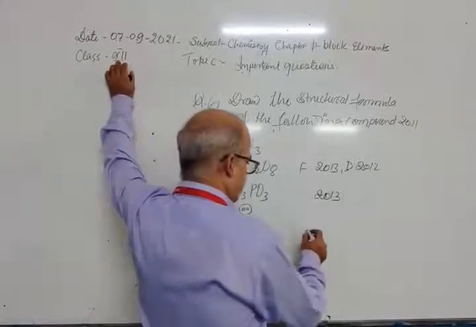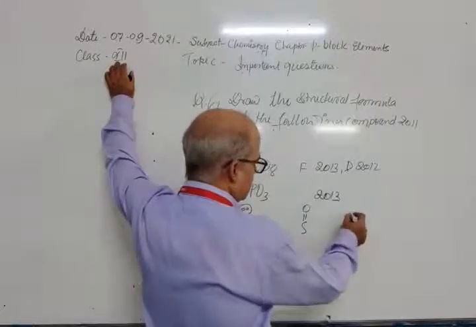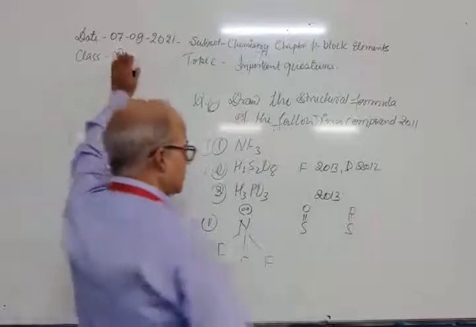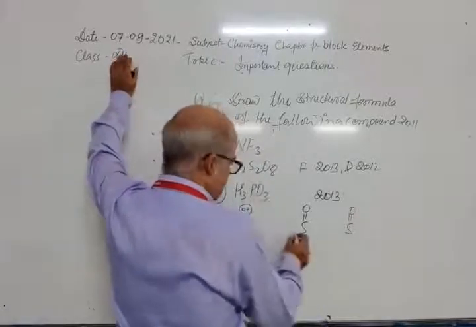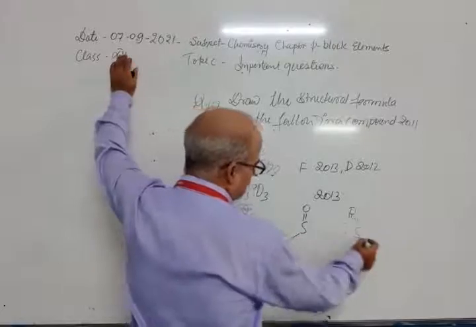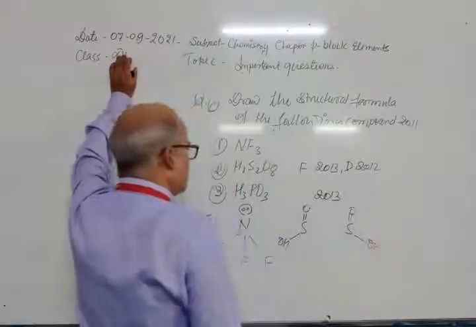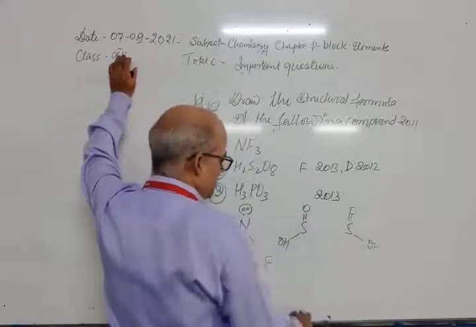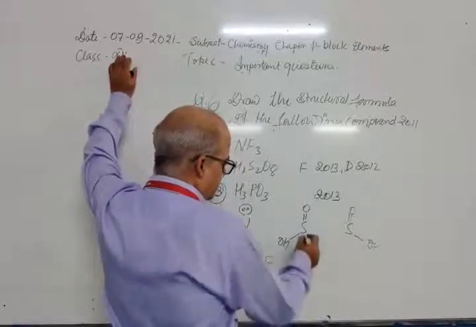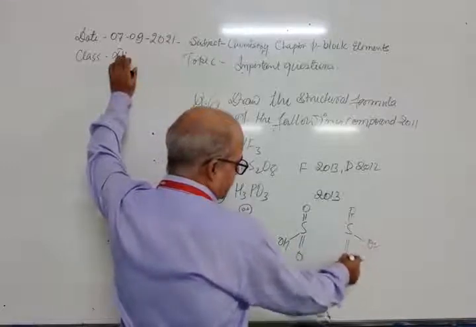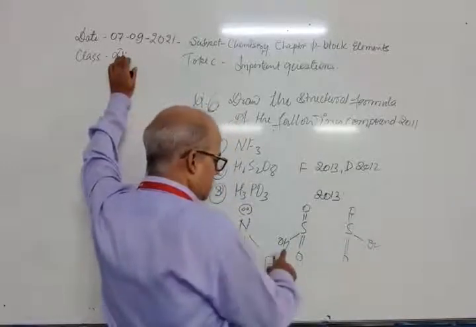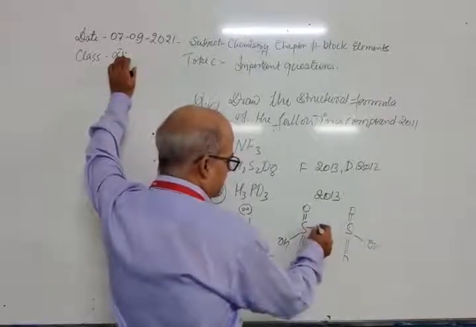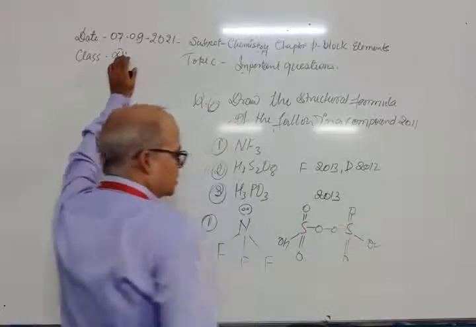Second, double bond O, double bond O. Okay. Now 2 OH, OH. Now how many oxygen? 1, 2, 3, 4 is consumed. Now we have 4 oxygen. This how much? 1, 2, 3, 1, 2, 3, 1, 2, 3. 6 oxygen, then 1 and 1. This is the structure.